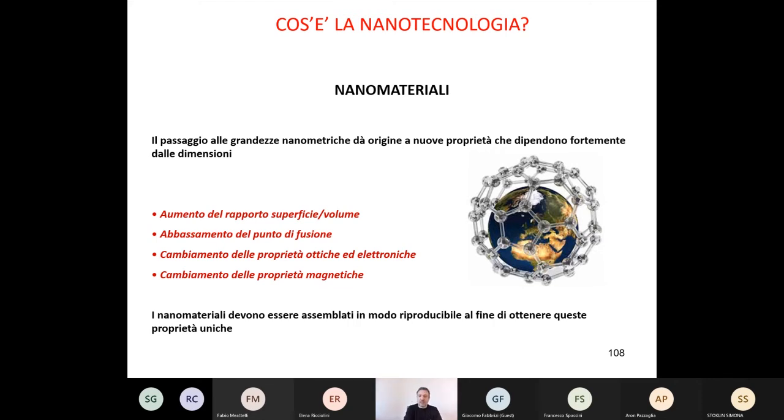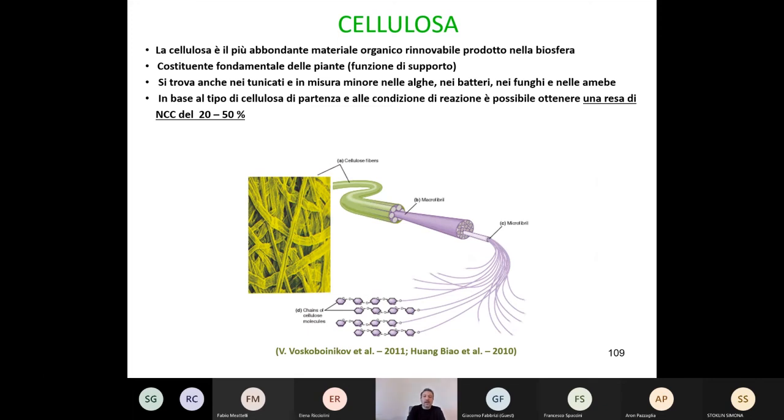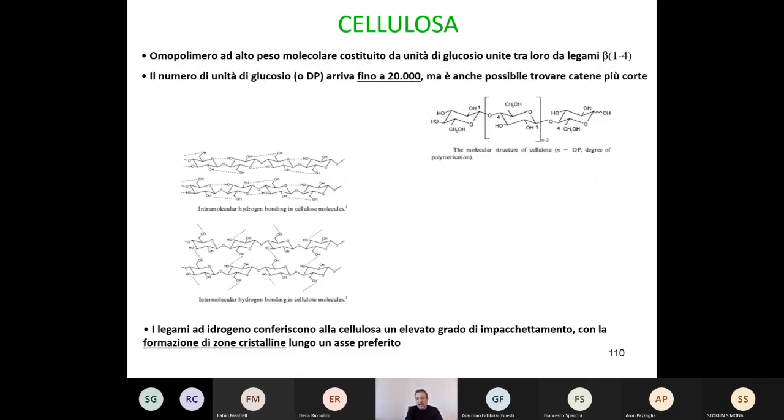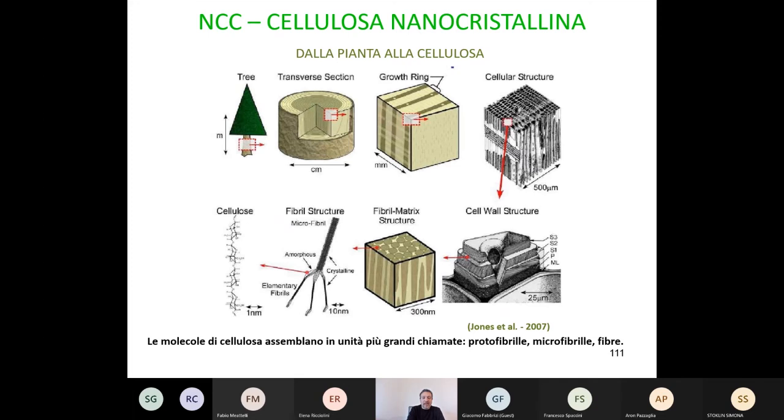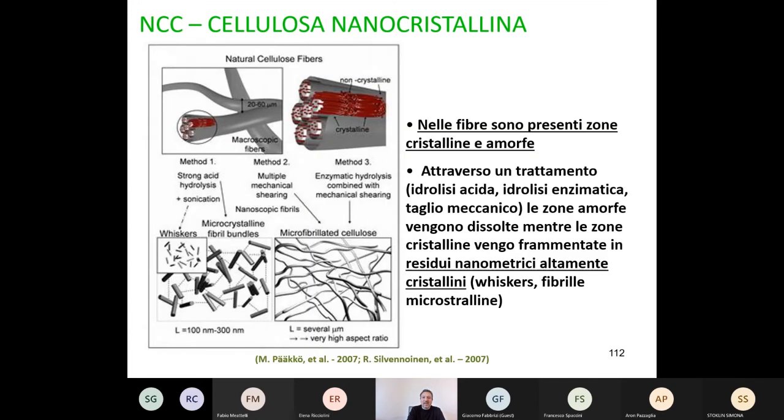Okay, so yes, I jump the theoretical part, just to see that here you can imagine the cellulose chains, and some areas of this cellulose line, the black ones, have a crystalline structure.